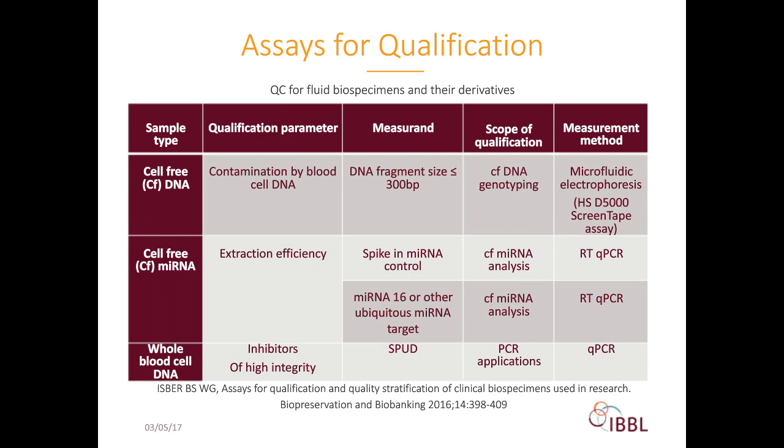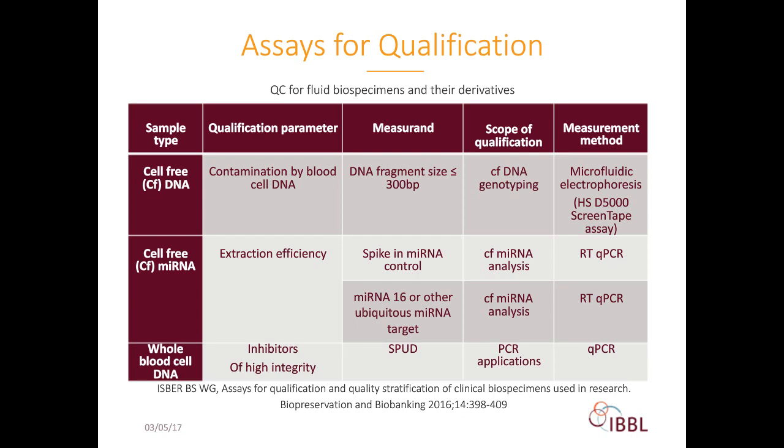This can be done by assessment of the size of DNA fragments, which should be lower than 300 base pairs, by microfluidic electrophoresis. And for this, at IBBL, we use the high-sensitivity D5000 ScreenTape assay. The answer to the question of sample qualification is a yes or no answer. In other words, a sample either qualifies or does not qualify for a specific analytical use.